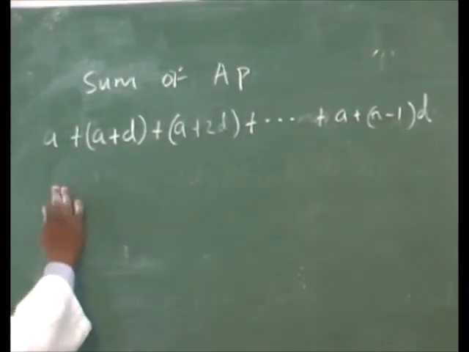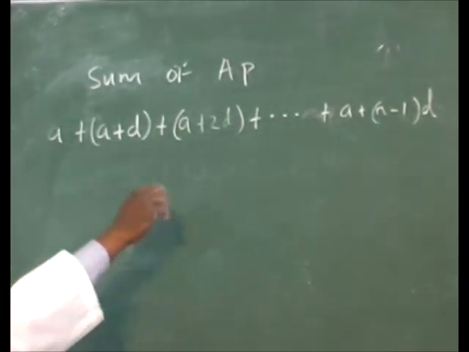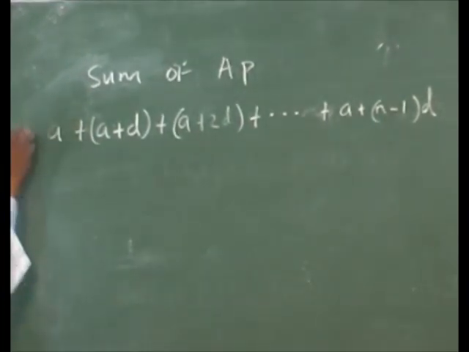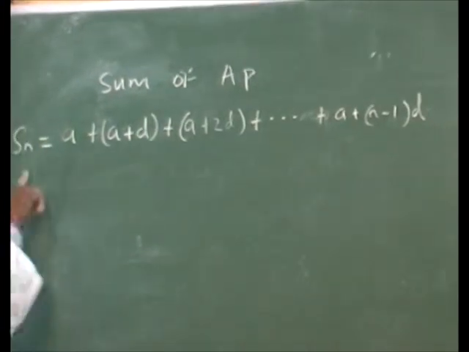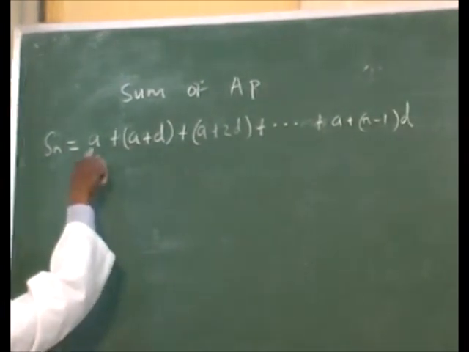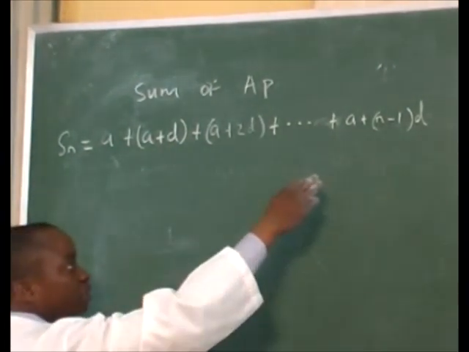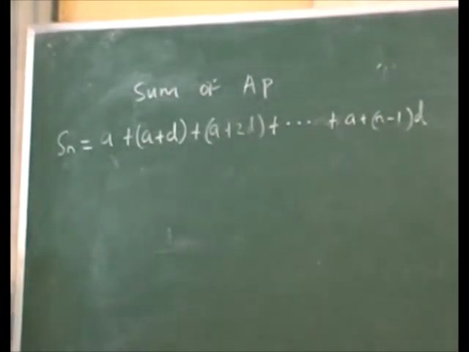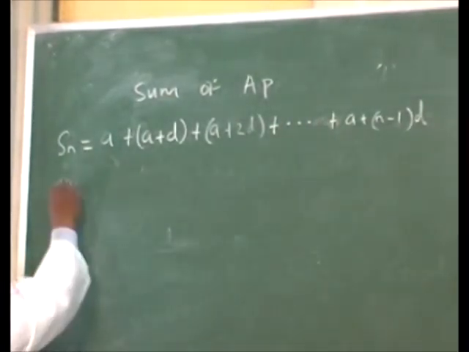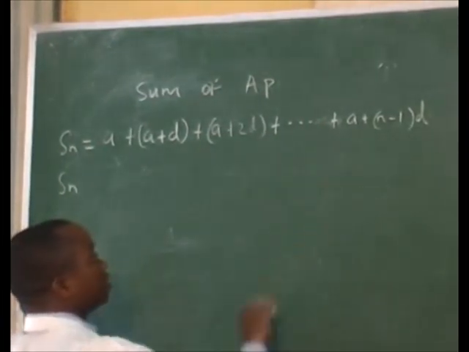So we will denote the sum by Sn, which will be the addition of the first term plus the second term plus the third term till we reach the nth term. Now, let me also start from the last term and add.